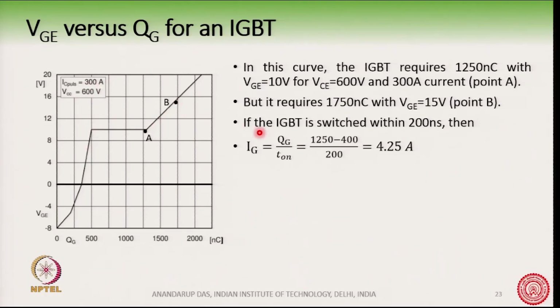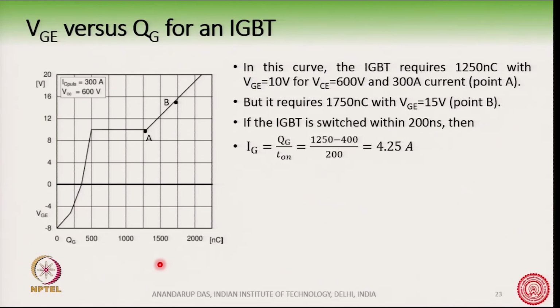If you observe this curve here, you can settle at point A or you can settle at point B. If the Vg voltage is 10 volt, then you will settle at point A, and you will require a smaller amount of charge, maybe around 1250 nanocoulomb.